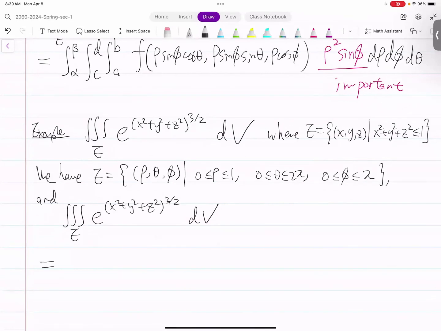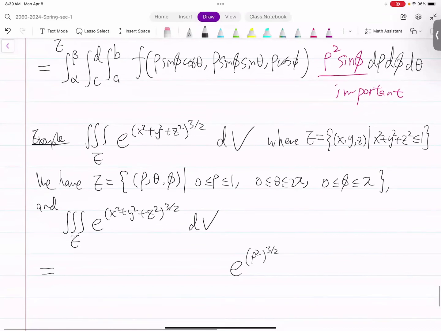So basically we write it out. We're expecting rho squared in the bracket, and then the whole thing raised to the power of 3/2. And then we just need to be reminded that we need to translate the triple integral in terms of rho, phi and theta. So here, be reminded to put down the volume translation rho squared sine phi.